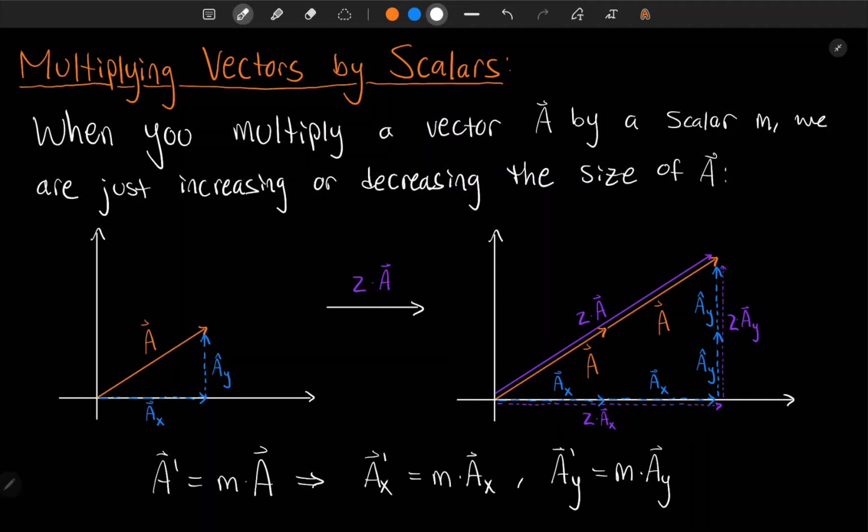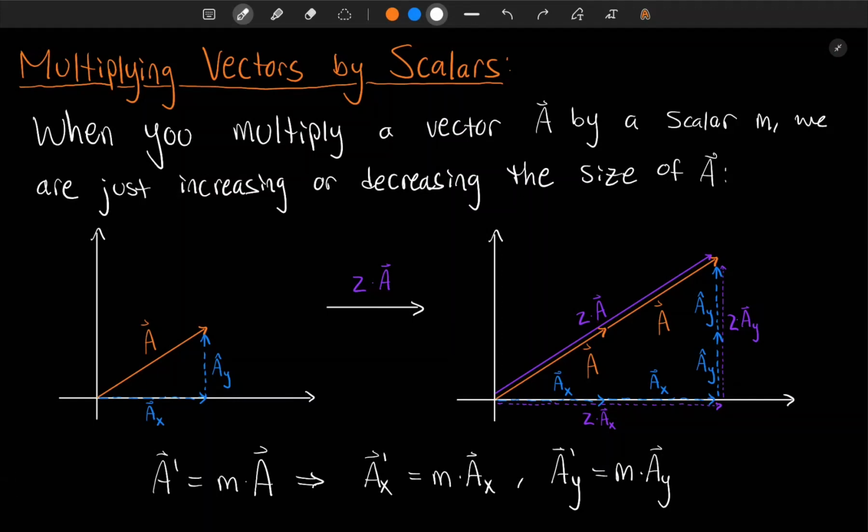But regardless, all you do is you take each of the components and you multiply them by this number, whatever number you're dealing with. Here I used 2, but generally you can use m. And when you multiply a vector by m, which is a scalar, you get a new vector where each of its components are just multiplied by m. So that's how you would multiply a vector by a scalar.